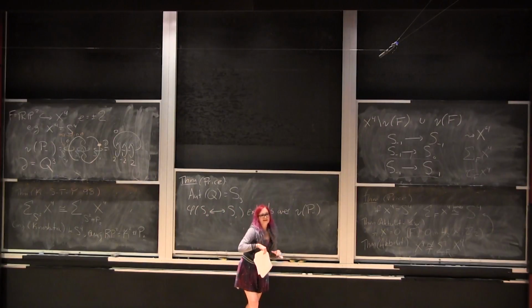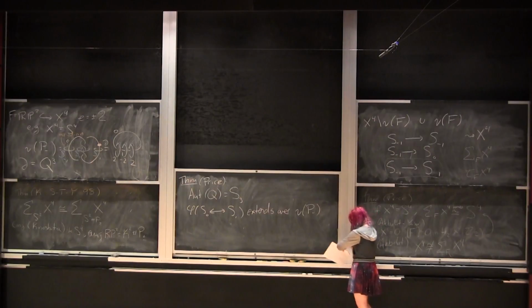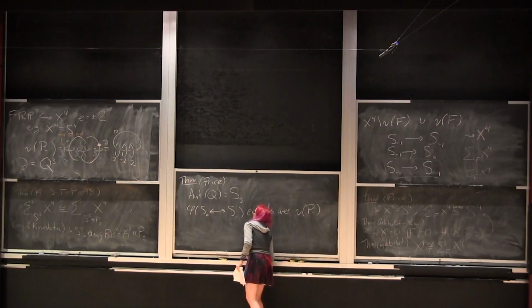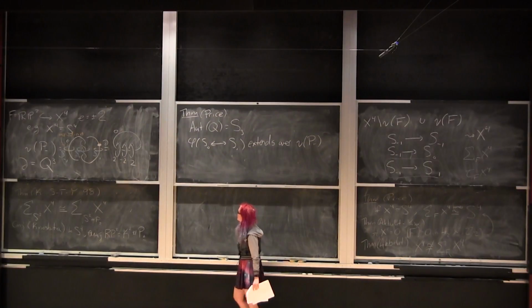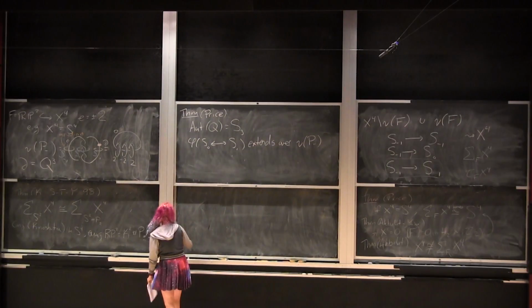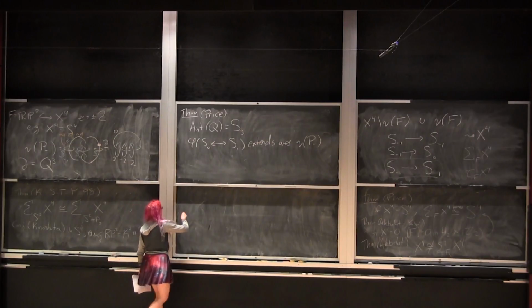So now I want to talk about how to actually perform this. So the bulk of this talk is supposed to be about trisections. Yeah, so we need a new combinatorial way to describe a four-manifold. So what is a trisection?